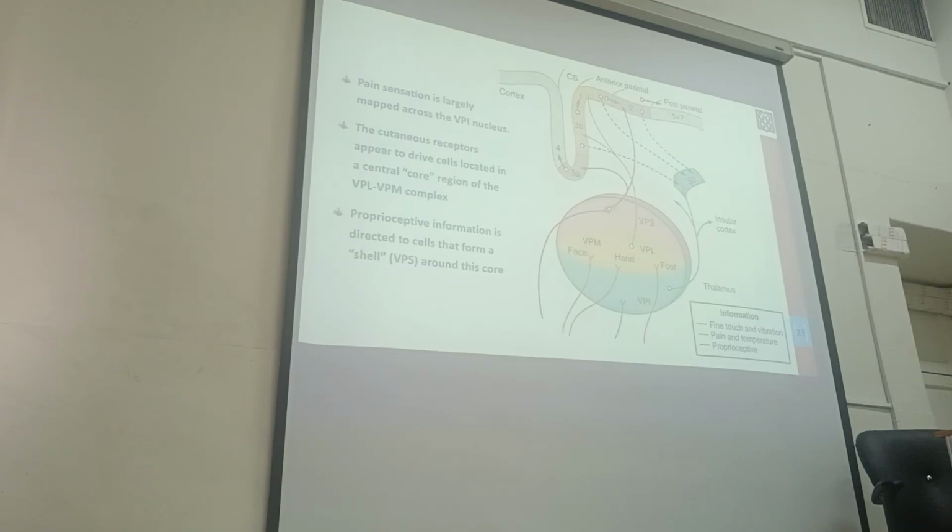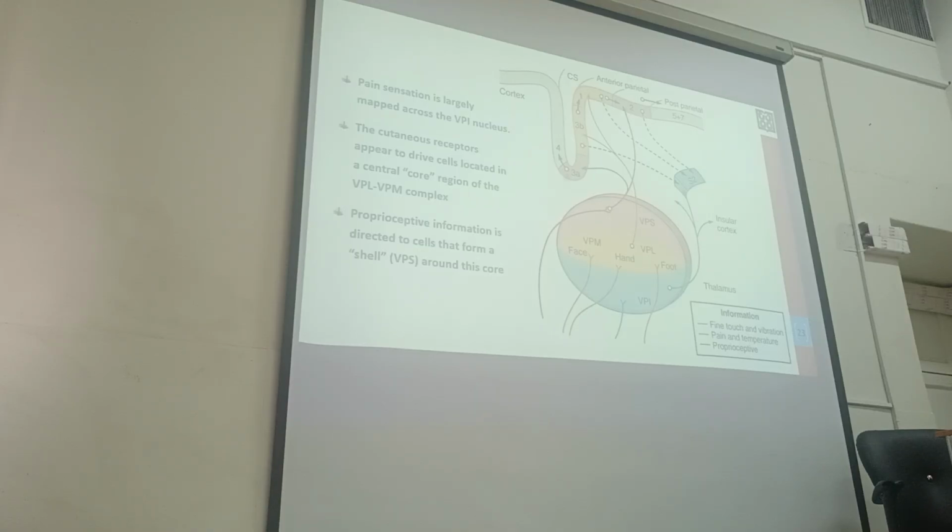They go to ventral posterior superior. Then from here they go to 3A and 2. So what about pain and temperature? They go to several regions. Some of them go to somatosensory area 2, others go to insular cortex. I will talk about this later in the next session.